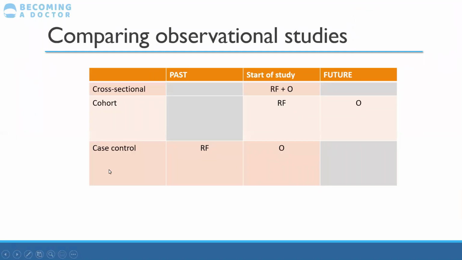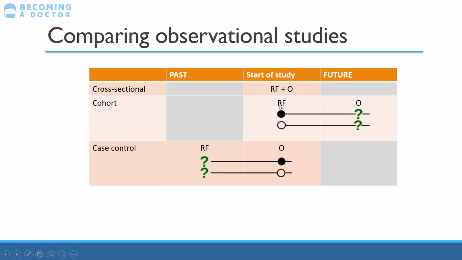So I've just included a table here to kind of visualize these types of studies in a bit more detail. Looking at the middle column, start of study, I just wanted to show where the risk factor and outcomes are being measured.